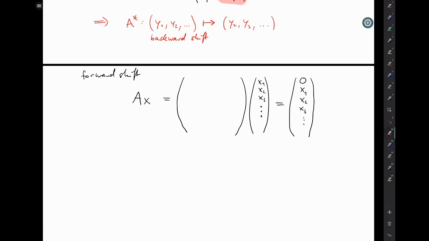Now, which matrix is doing this job? Because of the 0 in the top component, the first row needs to be all zeros. And because of this x1 in the second component, our second row needs to pick the first entry of your vector and ignore all the rest.